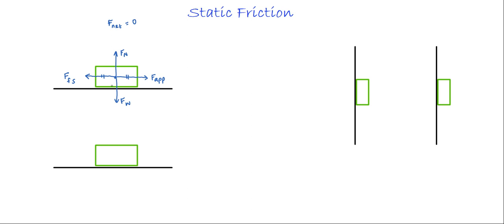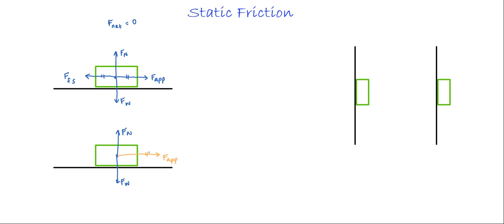But let's say for our example that it's not the maximum value. So let's add, I really need to move this box, so I push a little bit harder. So I'm going to draw another diagram down here. It's still the same weight box. The ground is still pushing up with the same magnitude of force. But in this example now, we are going to show that I'm pushing a little bit harder because I really need to move this box.